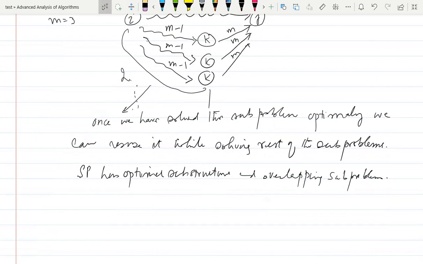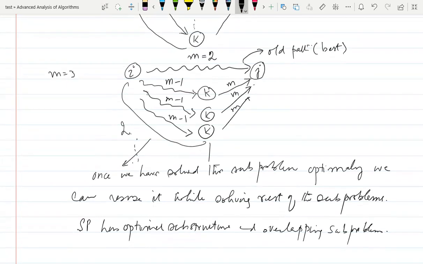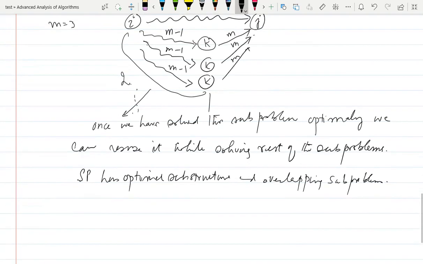So because of this, once I have calculated the best shortest path for at most m-1 edges, I can reuse it, and I will just see that by adding one more edge, which is your mth edge, to your path, is there any improvement or not. If there is any improvement, then I will stick with that, otherwise I will keep on improving.